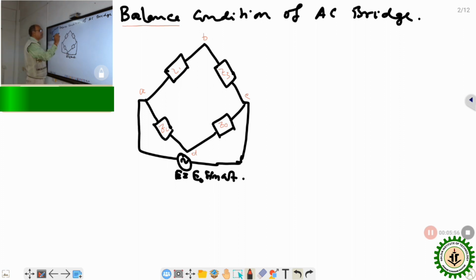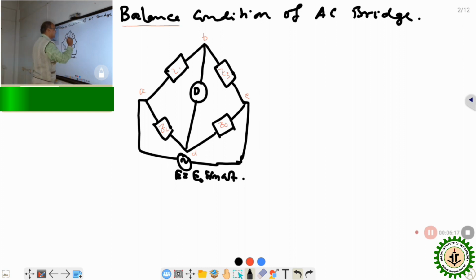For balance condition, we have another thing to detect the balance. Here we have given the detector. It's the D. This is the detector. For DC bridge, simply we have taken the detector as a galvanometer, but here the detector is of three types.